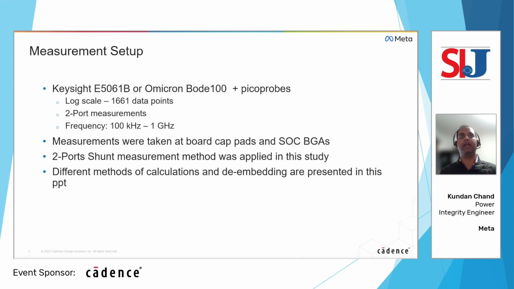And we had another option which is more suited for lower frequencies. It's the Omicron is the company name, and Bode 100 is the equipment, and it could measure up to 40 or 50 megahertz, and that's the max frequency it can go to.